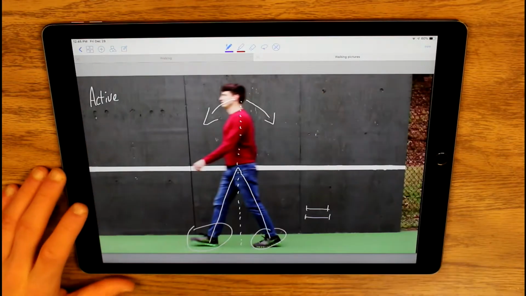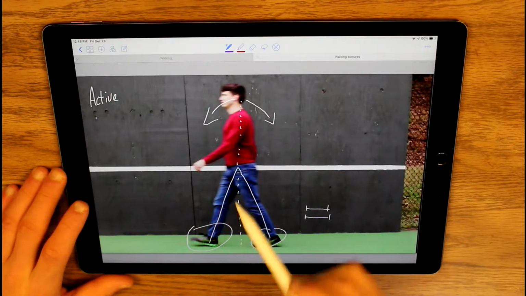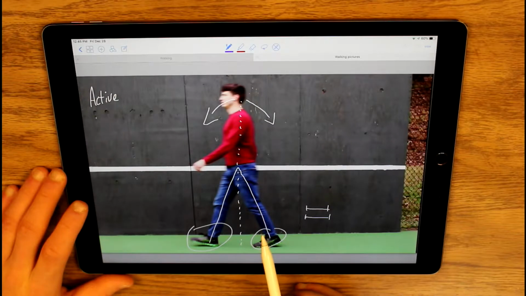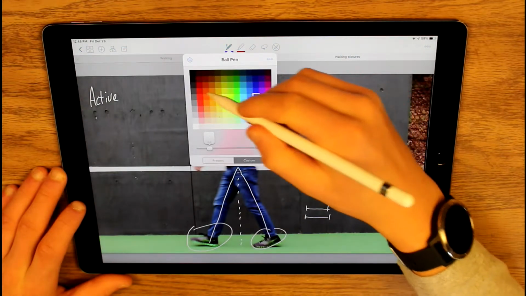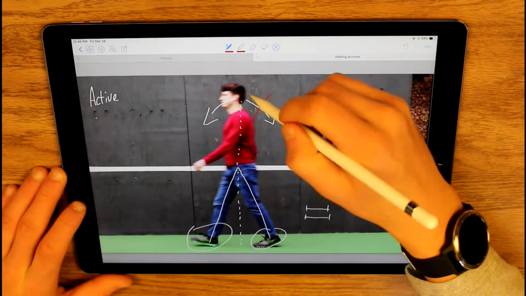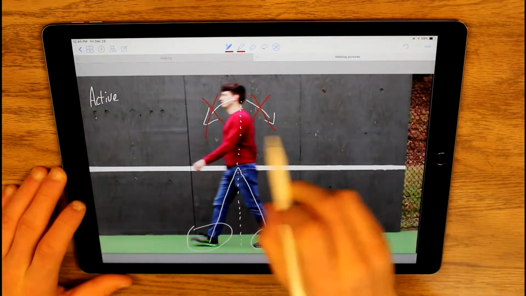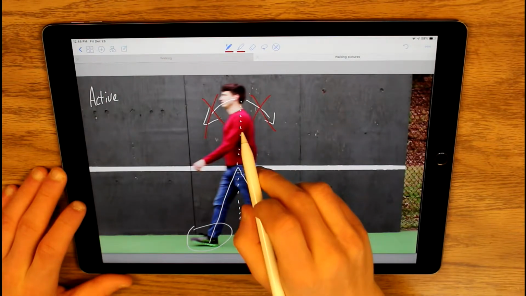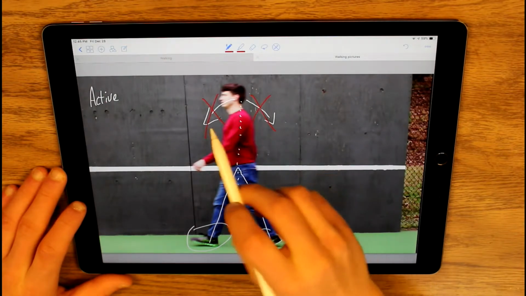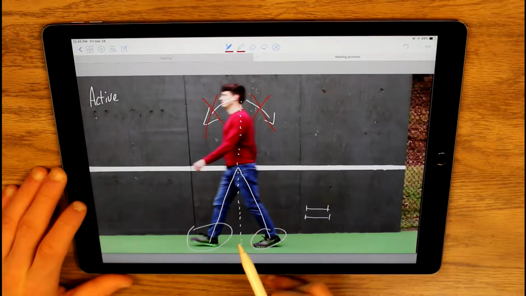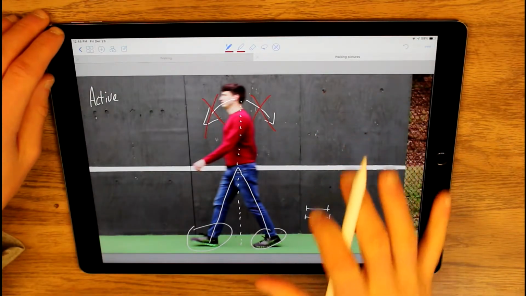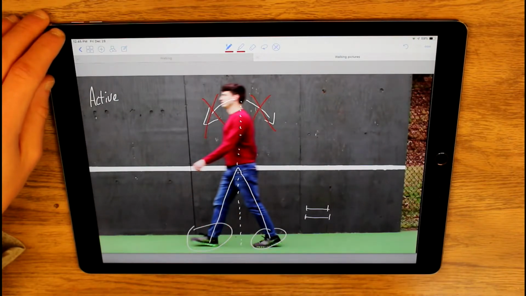Whereas when we're walking actively, because we're situated equal distance between our forward-facing leg and our rear-facing leg, we don't have the ability to rely on these gravitational vectors. We don't have assistance in this sense, so we have to generate all the force with our legs. And that's the big difference between walking actively versus walking passively.